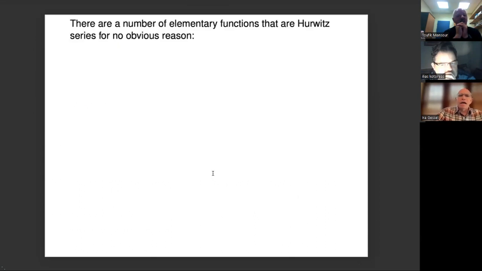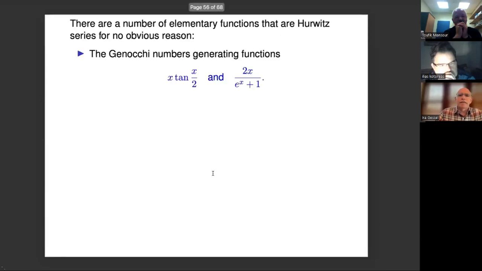And I've come across a number of elementary functions that are Hurwitz series for no obvious reason. I mean, we can prove that they're Hurwitz series, but it's not obvious that they are. One of the best known is the Genocchi numbers, whose generating function you can write in two different ways.